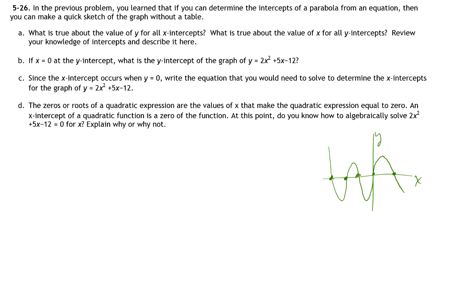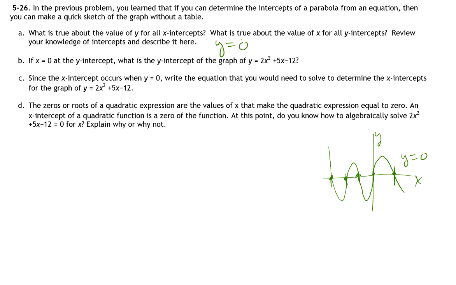And for every single one of those, the one thing they have in common is that the x's are all different, right? You can see x is some positive number, x is 0, negative, more negative, more negative. But in every single case, y has to be 0. So what is true about the value of y for all x-intercepts? I would say always y is equal to the number 0.